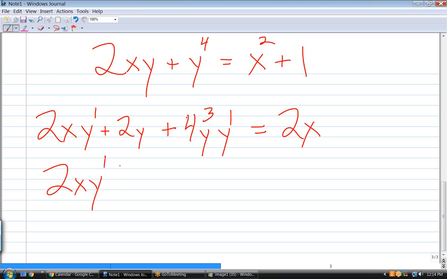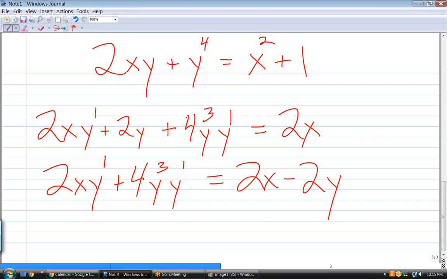Well, let's just do it one step at a time. There's our y prime terms. I'm going to leave those on the left side of the equation. Everything else, I'm going to move to the other side of the equation. With me? You see how I got that?